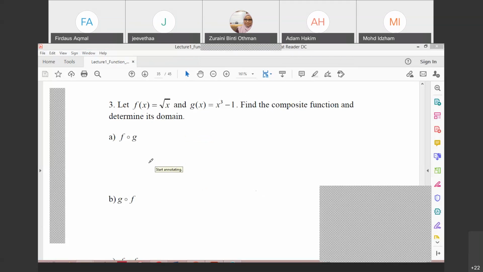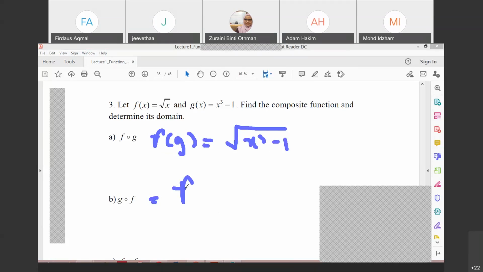Maksudnya sekarang kalau F composite G, maksudnya dalam F tu ada G, kan? So now dia akan jadi apa? Dalam F ada G. Maksudnya dia akan jadi punca kuasa X kuasa 3 tolak 1. Betul tak? Okay, so kalau G composite F, dia akan jadi F, salah.